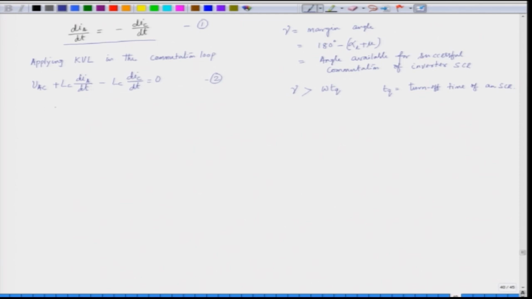So, we will see that 2 LC dIA by dt is equal to minus VAC, or dIA by dt is 1 by 2 omega LC into VAC. This is the equation that we have.